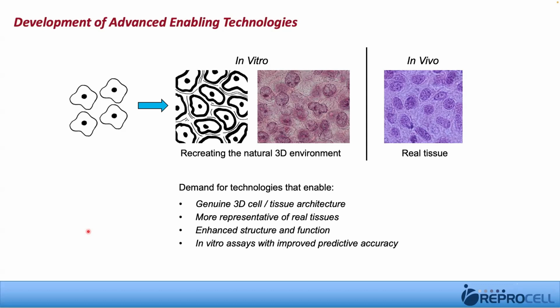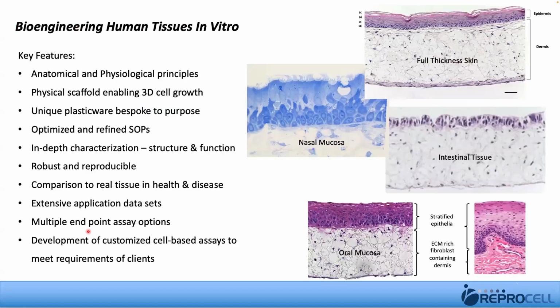We see enhanced structure and function, and these models can provide us with useful assays with improved predictive accuracy. So this is what we've been working on, and we've now moved on to what we call bioengineering of human tissues using a technology that has enabled us to achieve this growth in 3D, which I will introduce shortly.